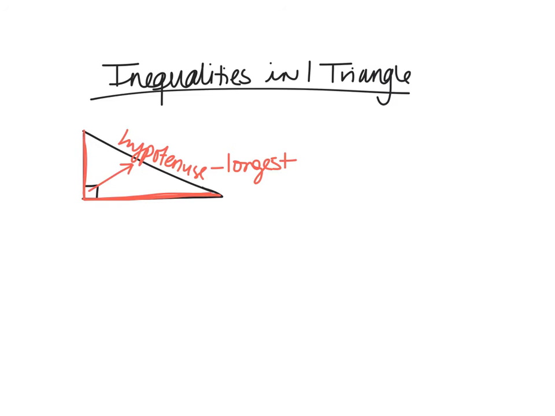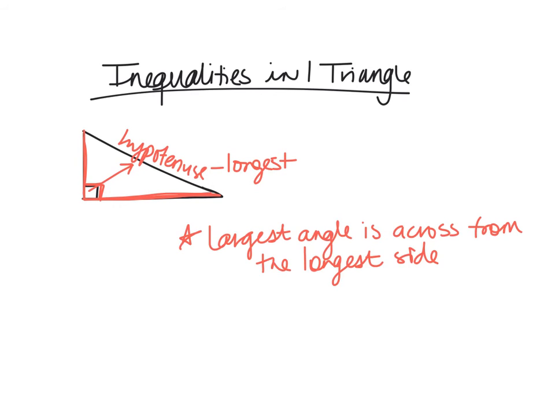So the angle here is 90 degrees, and I hope that you agree that 90 degrees is the biggest angle in any right triangle, because the other two have to be less than that, or else the triangle won't add to give you 180 degrees. So the biggest angle, which is 90, ends up being across from the longest side. All right, so that's one of our relationships.